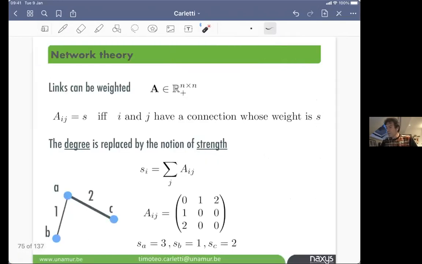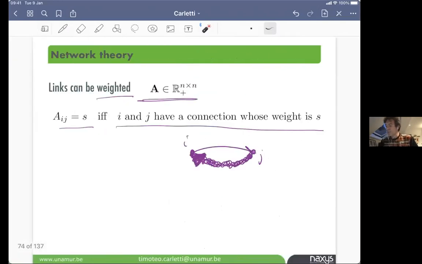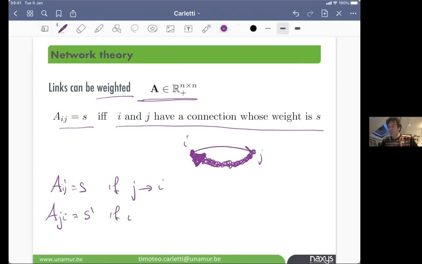So here you should define, for instance, A_ij is equal to s if j points toward i, and then A_ji is equal to s' if i points toward j. So yes, of course, you can have a non-symmetric relationship between two links.